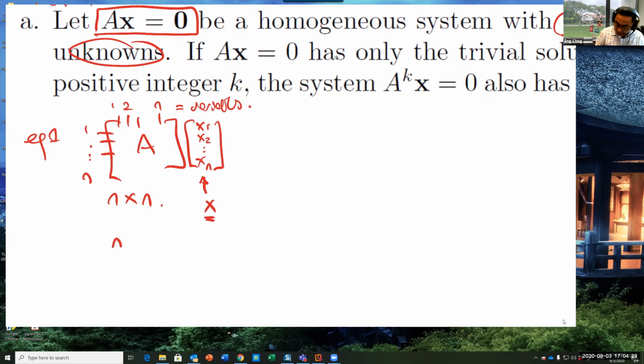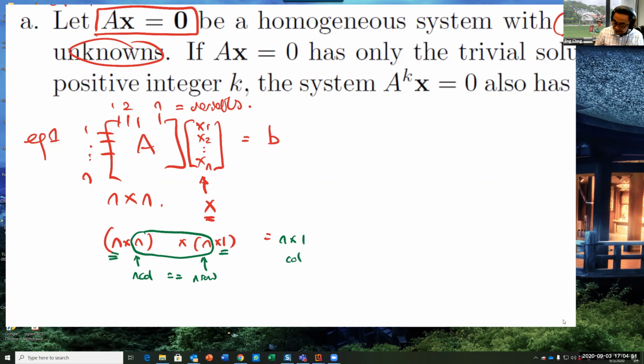So we have an n by n matrix multiplied by an n by 1 column vector. You must always check that the matrices agree, which it does. This is n columns, this is n rows, they agree. Therefore, now we have an n by 1 column vector, which is the output B.